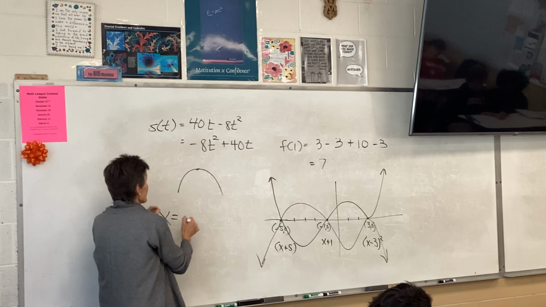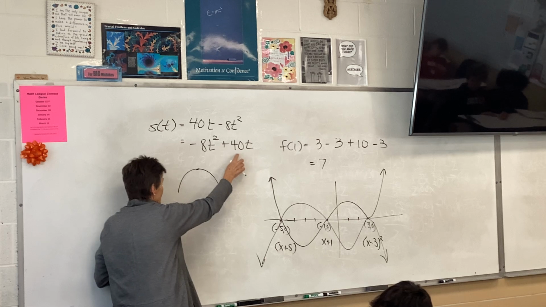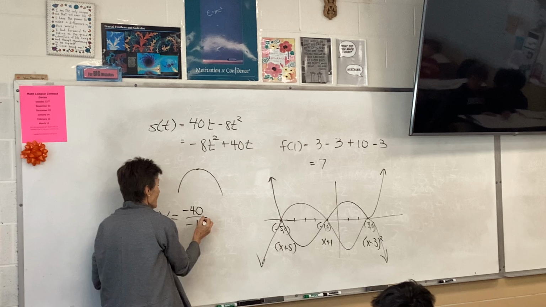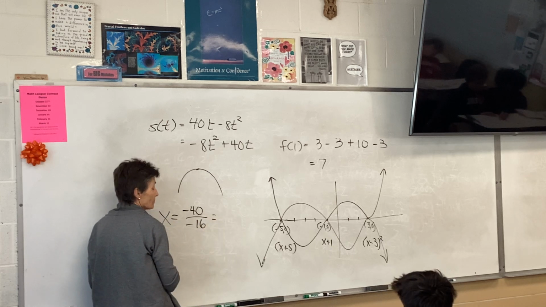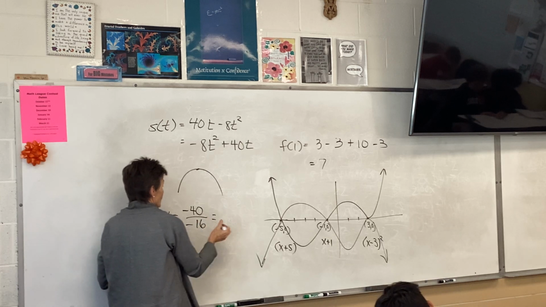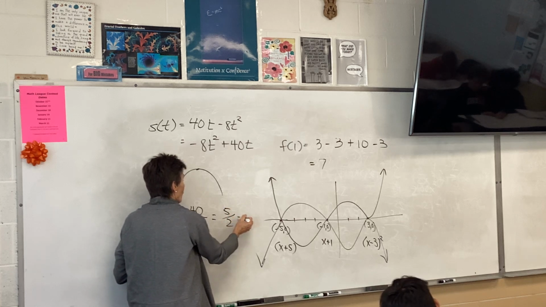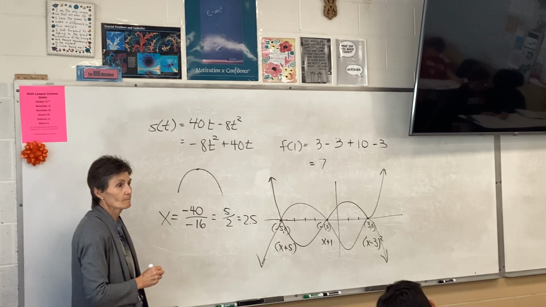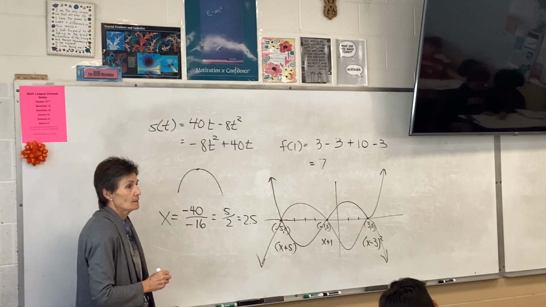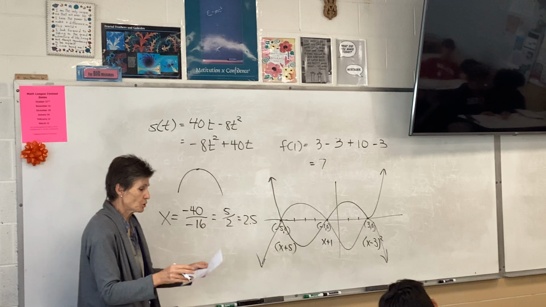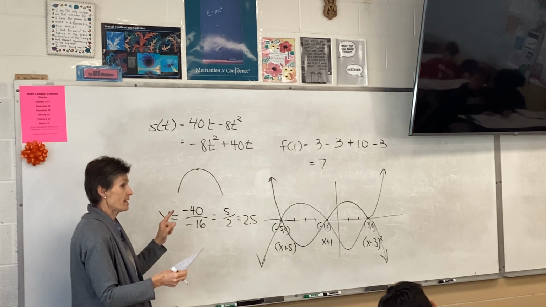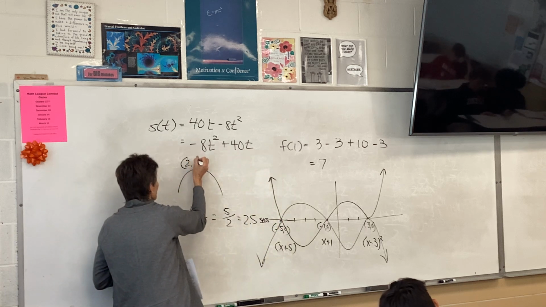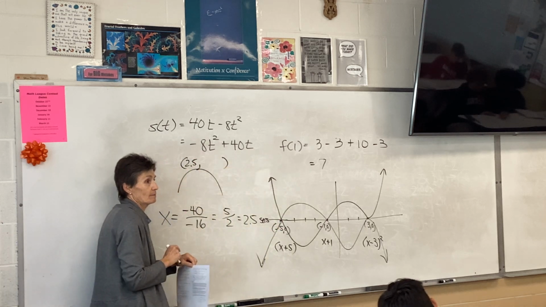X equals negative b over 2a, which is 5/2 or 2.5, if I simplify right. So which question does that answer? A. That is 2.5 seconds. At this point, 2.5 seconds, 5/2.